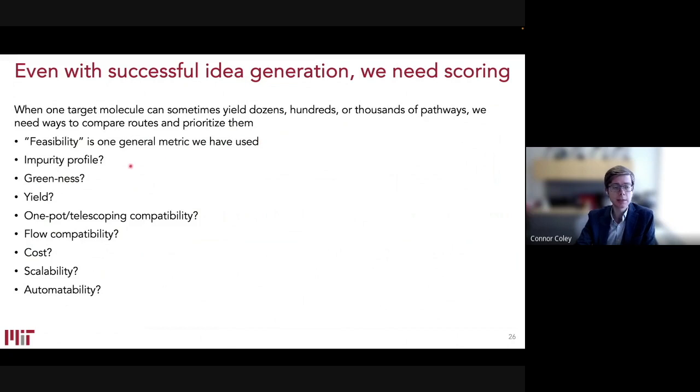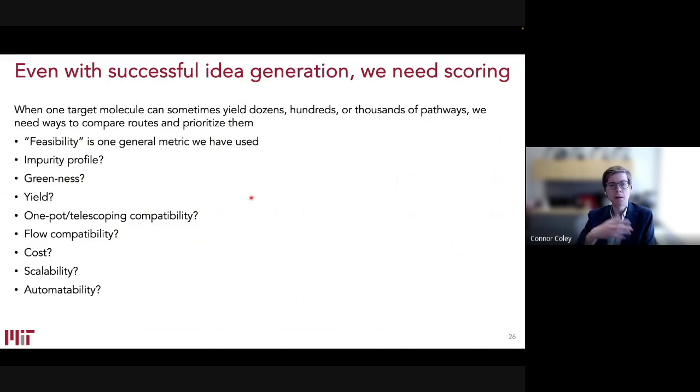We might try to predict for pharmaceutical applications what impurities might be formed in the reaction. Obviously, there are some pharmaceutical impurities that are not tolerable, some that are able to be separated easily. We can think about sustainability, overall yield or productivity, the cost of running this, if it can be automated, if it can scale.